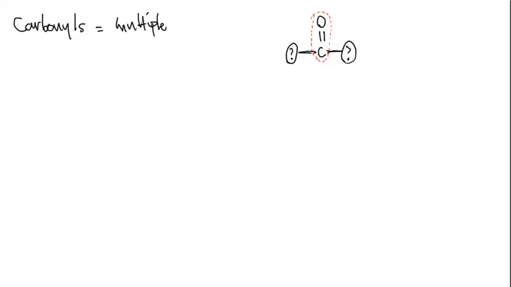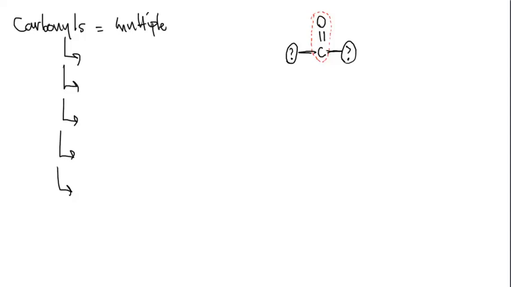So carbonyl focuses on the C double bond O. And out of the carbonyl umbrella, we will have multiple different functional groups that have a carbonyl in them along with other things, and it makes it slightly different.